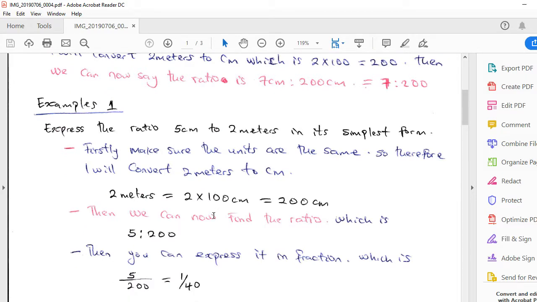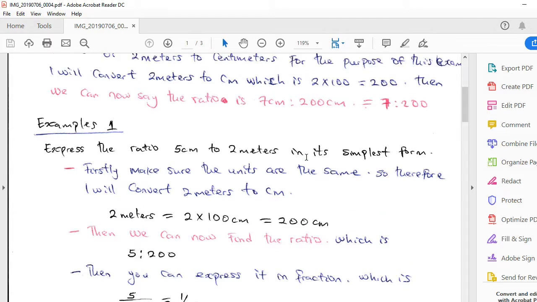Let's go to the examples. Example 1: express the ratio 5 centimeters to 2 meters in its simplest form. Let me go slowly now. Firstly, we make sure that the units are the same, so I will convert 2 meters to centimeters. Meters, centimeters, the units are not the same.